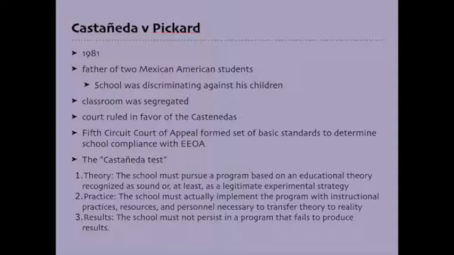The school must pursue a program based on an educational theory recognized as sound or, at least, as a legitimate experimental strategy. 2. Practice. The school must actually implement the program with instructional practices, resources, and personnel necessary to transfer theory to reality. 3. Results. The school must not persist in a program that has failed to produce results.